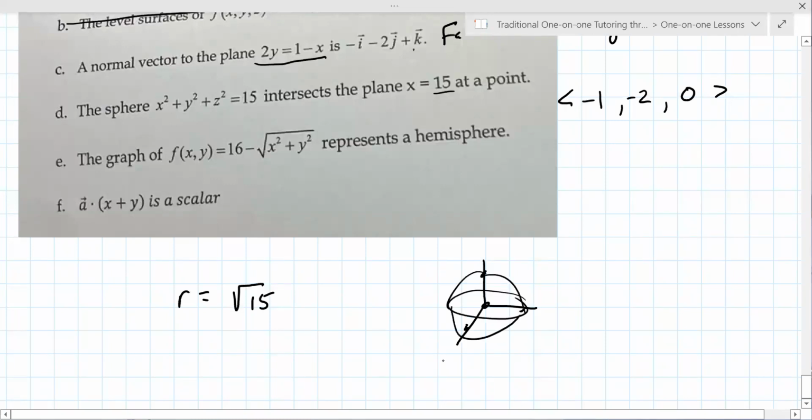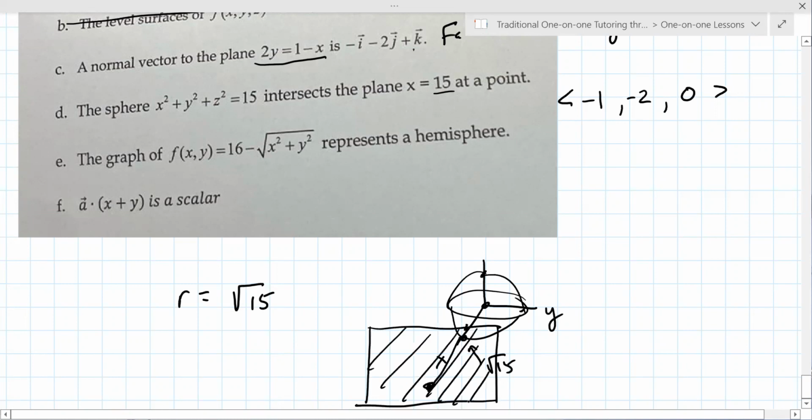Where is x equals 15? Well, this is the square root of 15 right here, which is a lot smaller than 15. So this plane x equals 15 is over here, but they don't intersect. It'd be like holding a basketball in your hand and your friend's got a sheet of paper over to the right or left, and they just don't hit. So again, that's also false.